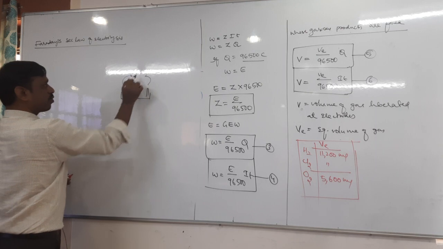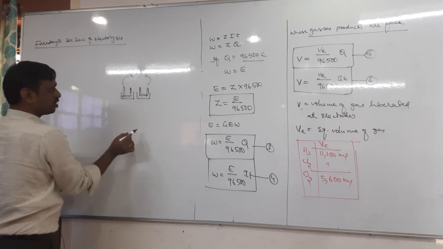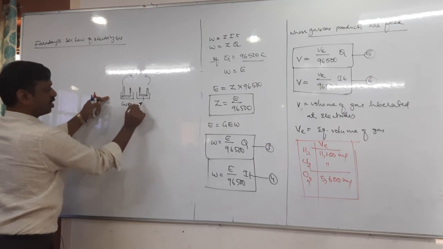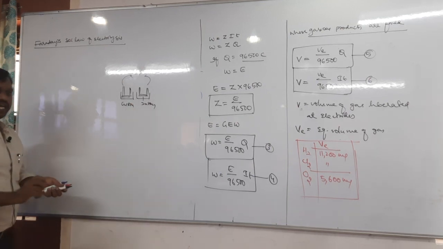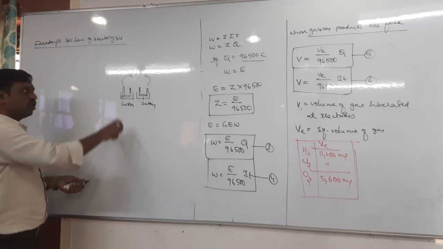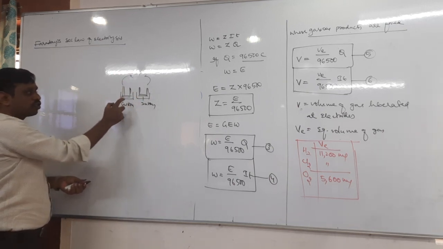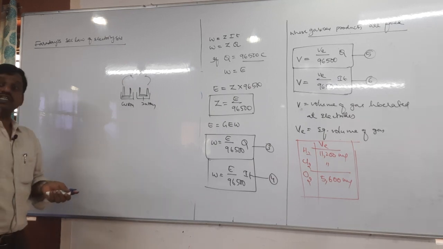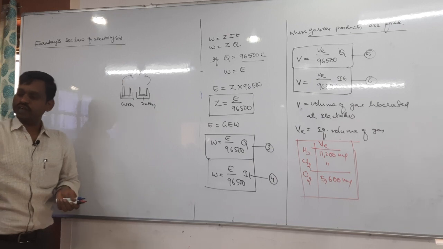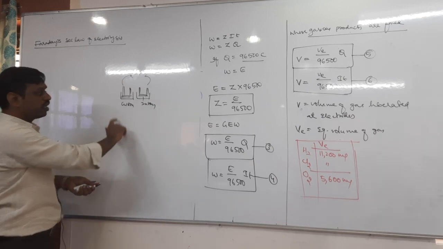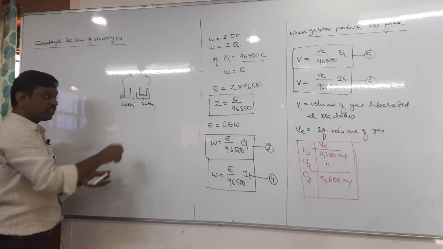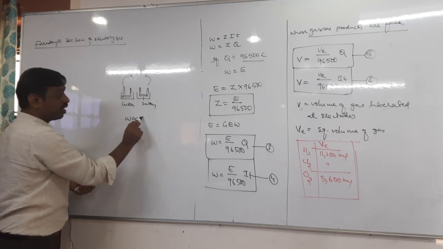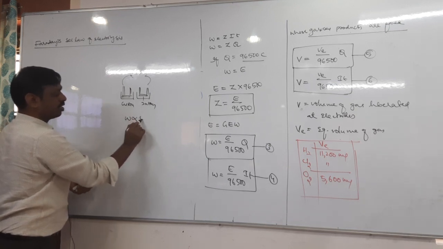Tell me, when the same quantity is passing through the two different electrolytic solutions, for example here copper sulfate, here zinc sulfate, how much copper and how much zinc is deposited at the electrode? It is not the same quantity. The mass of the substance deposited, W, is directly proportional to their equivalent mass, E.